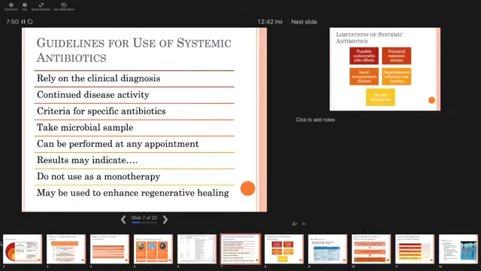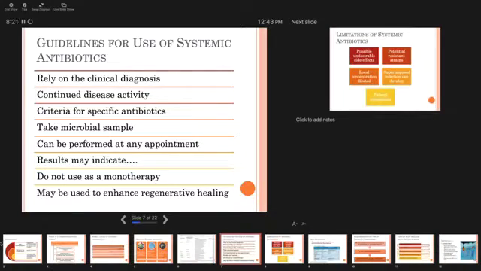These are not used as a monotherapy, and they may be used to enhance regenerative healing. So sometimes antibiotics will be prescribed, like during non-surgical periodontal therapy. I haven't had that be a really common reality in dental offices and practices that I've worked in, but I have experienced it before.